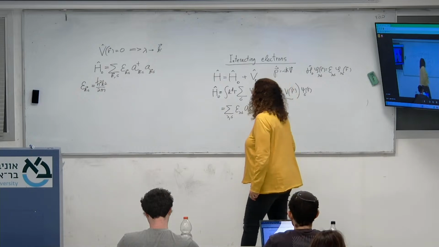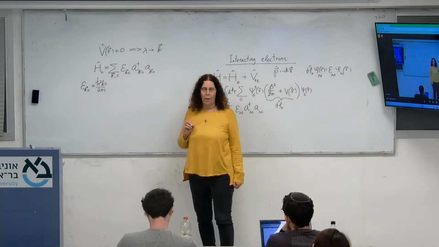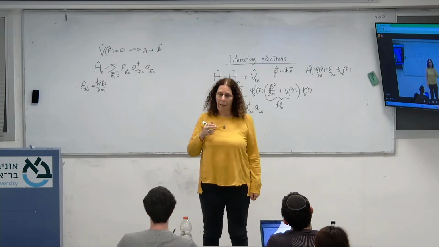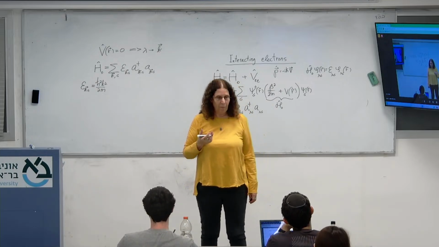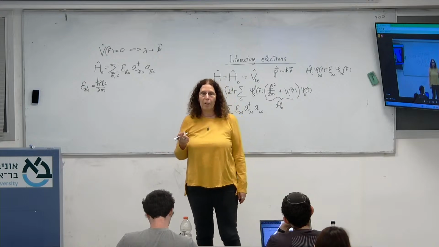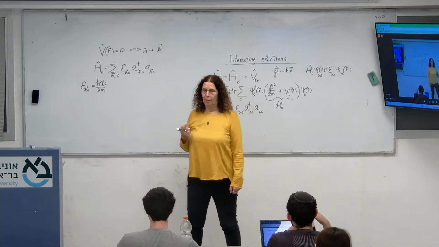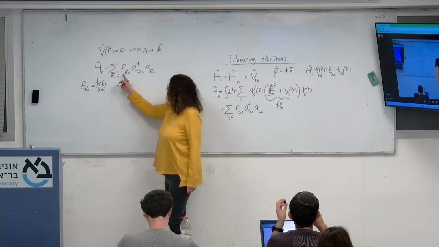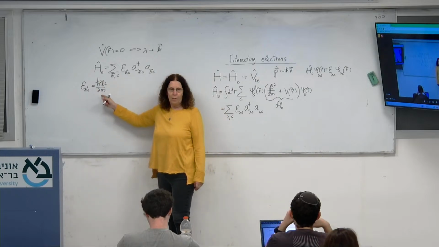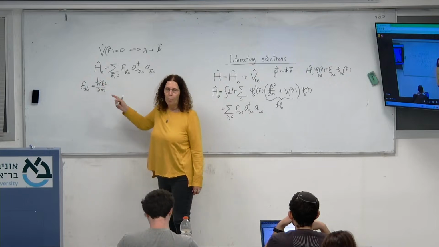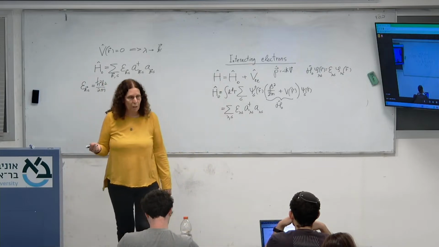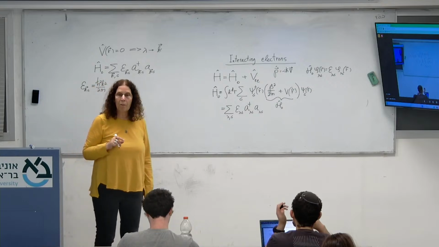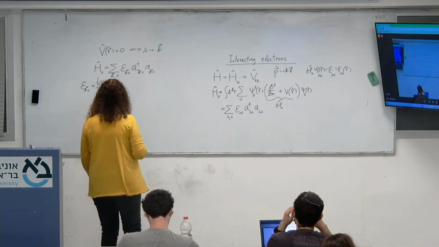Then, of course, momentum will no longer be a good quantum number, but instead the eigenstates are Bloch functions, and the quasi-momentum is going to be a good quantum number. And the epsilon of K will not have this simple parabolic form.